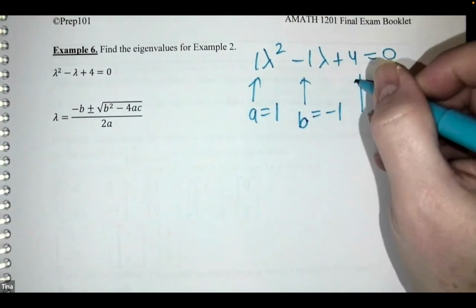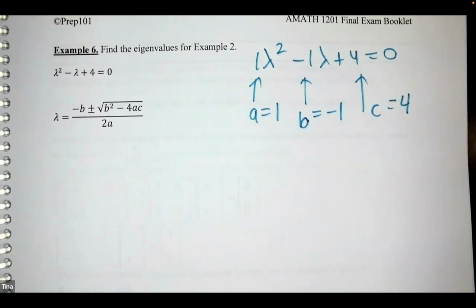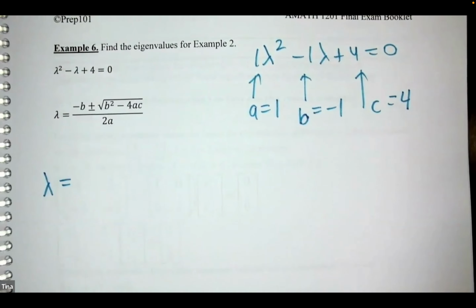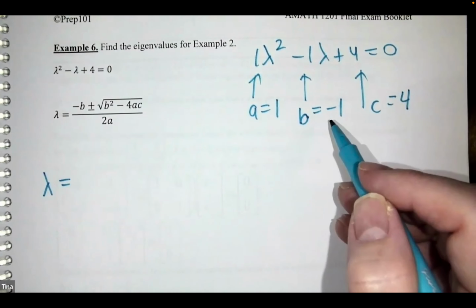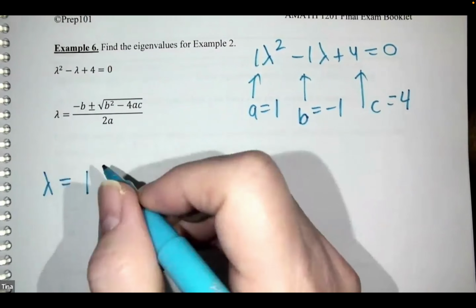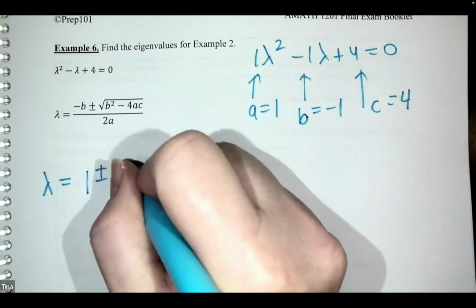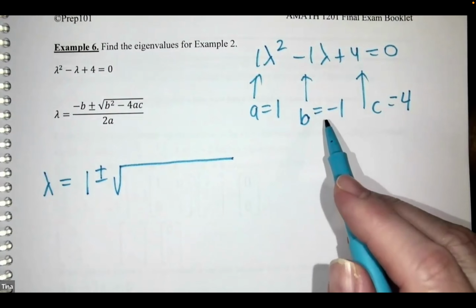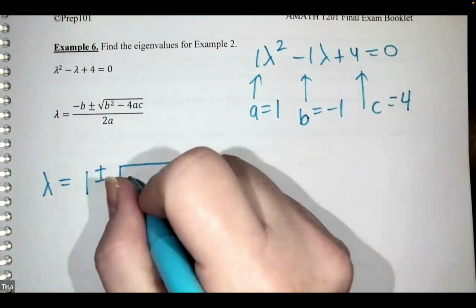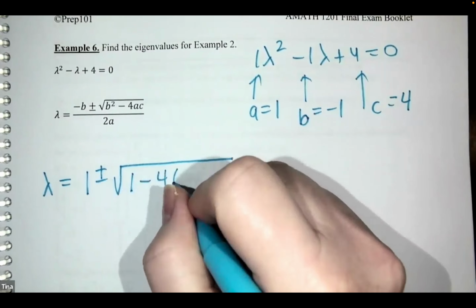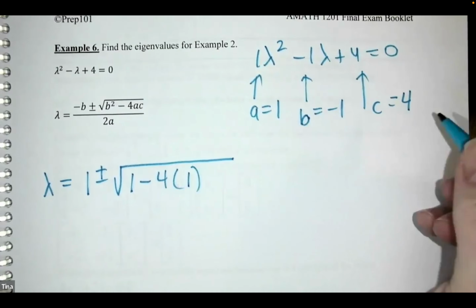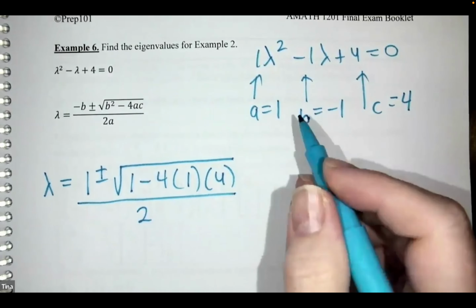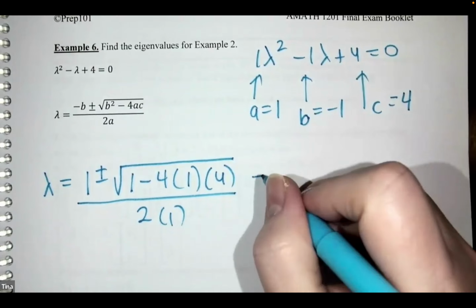The b here is a negative 1, and the c here is 4. So lambda equals negative b. Well, negative 1 is positive 1, plus or minus the square root of b squared. I always just like to square it out. So negative 1 squared is just 1. Minus 4 times a, which is 1, times c, which is 4, all over 2 times a.